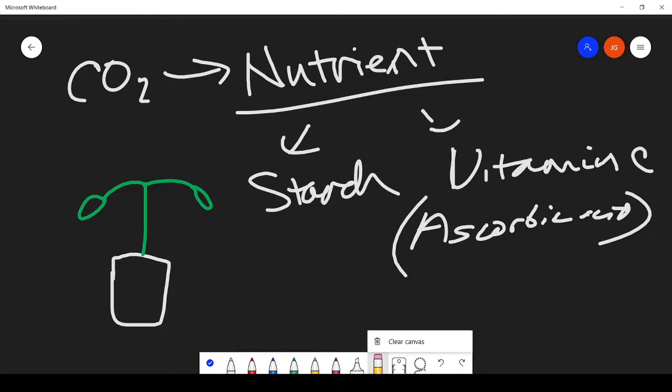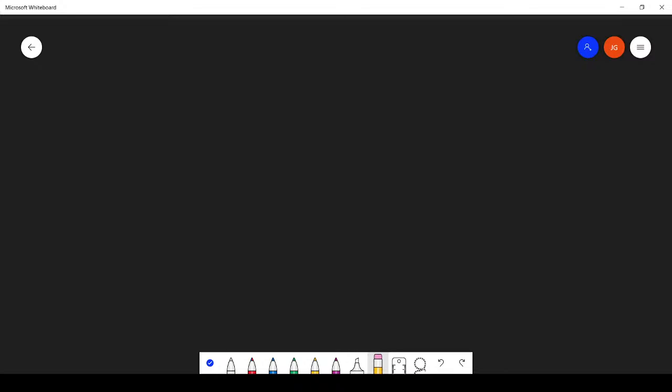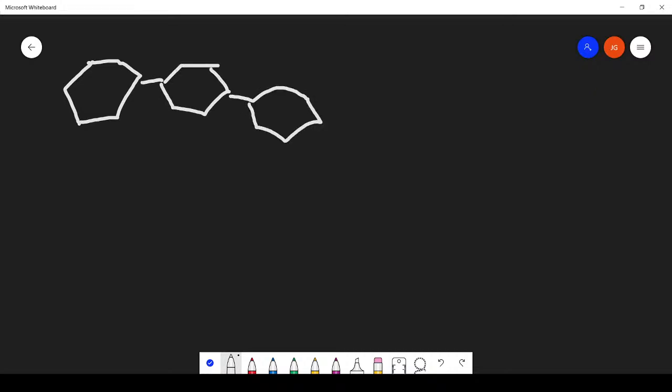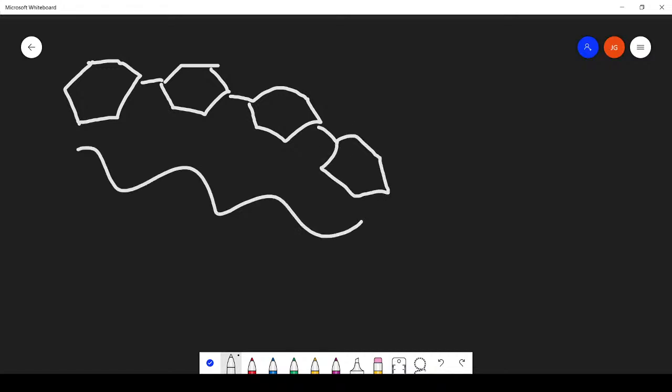But for those of you who don't know how starches work, this is glucose. It's a hexagon, and when you start to chain up glucose molecules together, this is a polysaccharide.